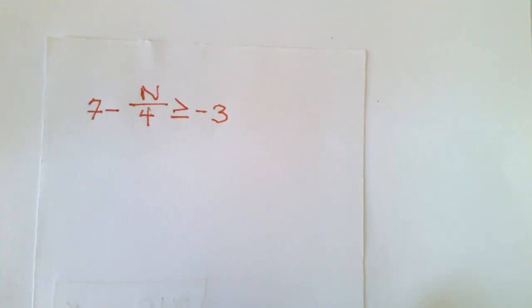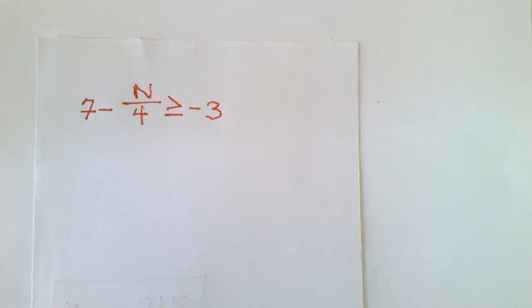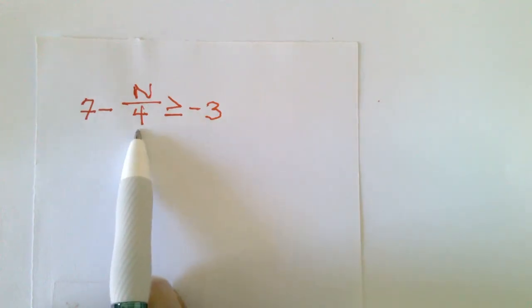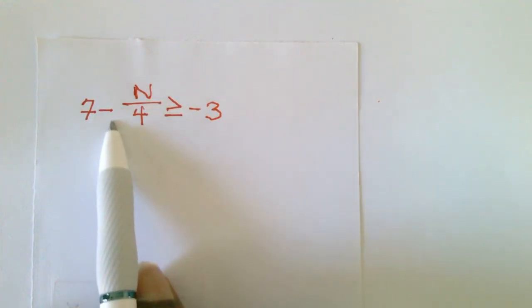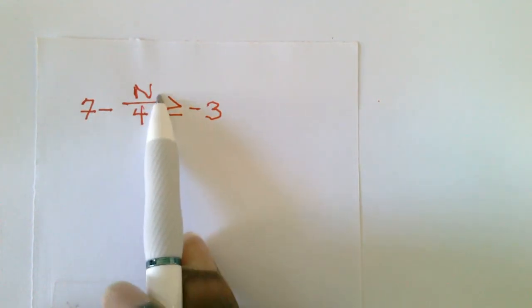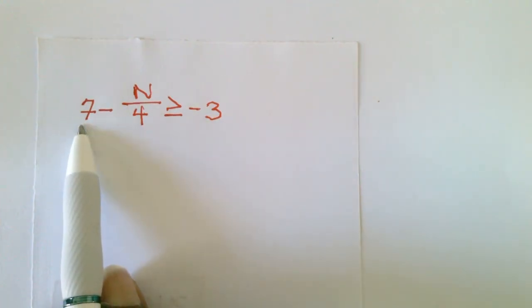So now, let's get to solving. We want to get n by itself. So we are not starting with the 4. We need to isolate this first. In order for me to isolate this, I need to get rid of the 7. Now this is a thing that a lot of people mix up. I want to say a good 75% of my students do this.